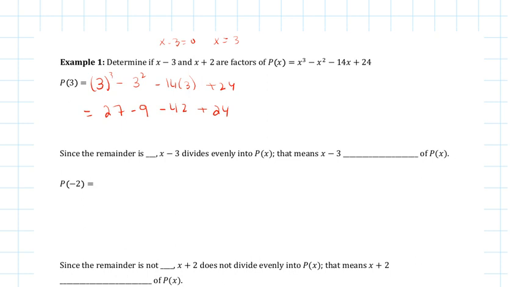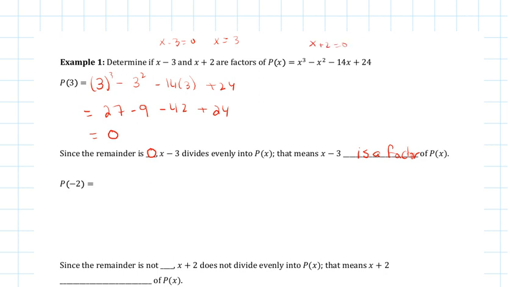And what do I have here? Negative 42 minus 9, that's negative 51. 24 plus 27, that's 51. 51 minus 51, that's a 0. Since the remainder is 0, then x minus 3 divides evenly into p of x. That means x minus 3 is a factor of p of x.